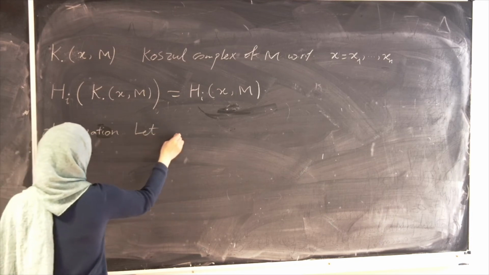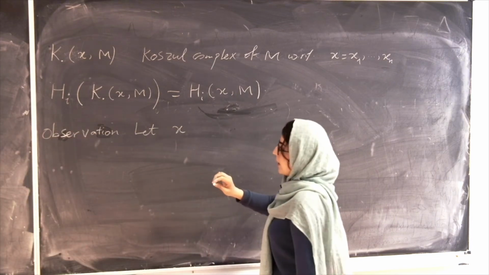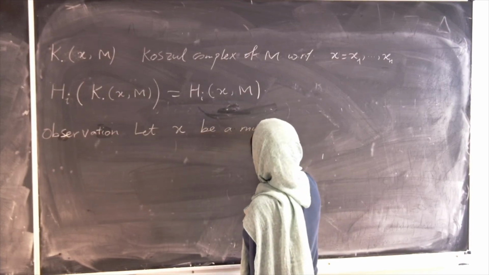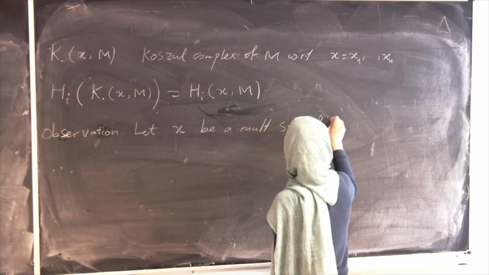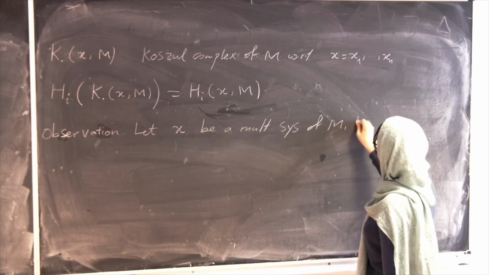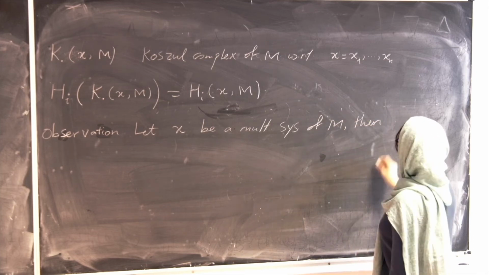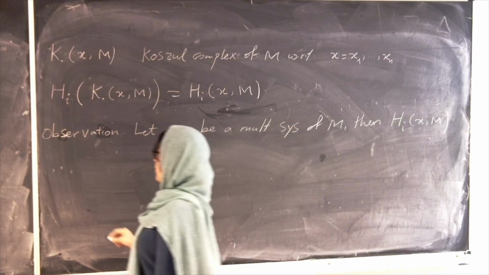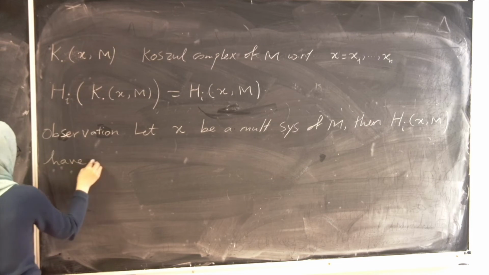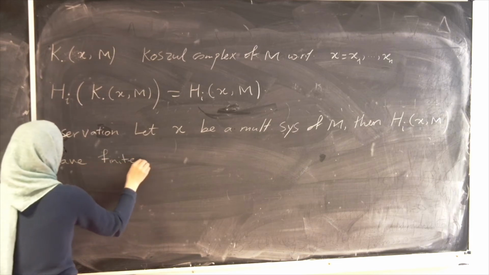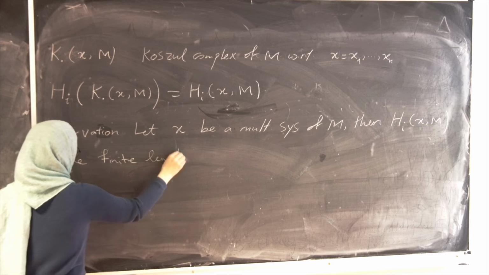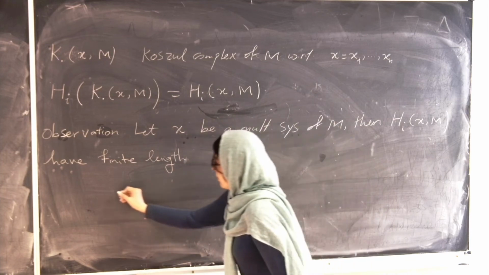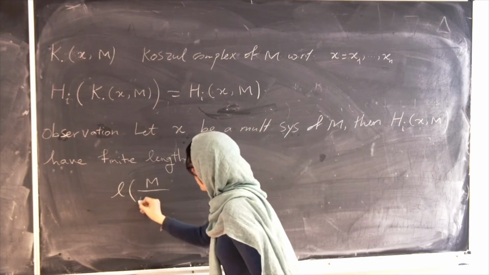When we have a multiplicity system of M, then all the Koszul homologies have finite lengths. The reason is that we know that this length is finite.